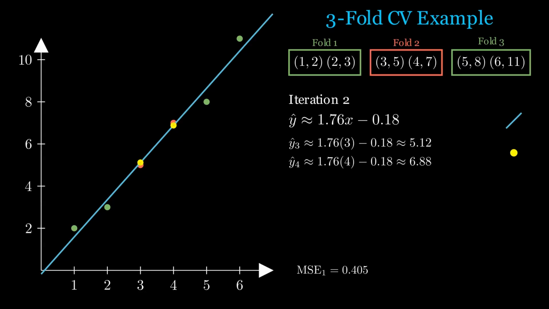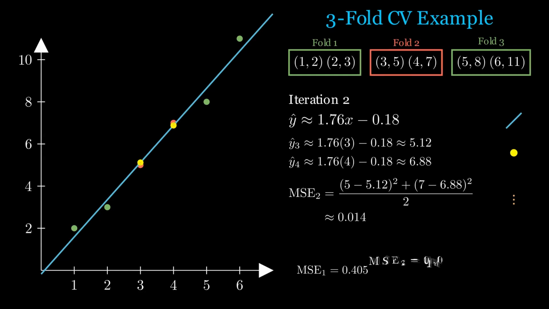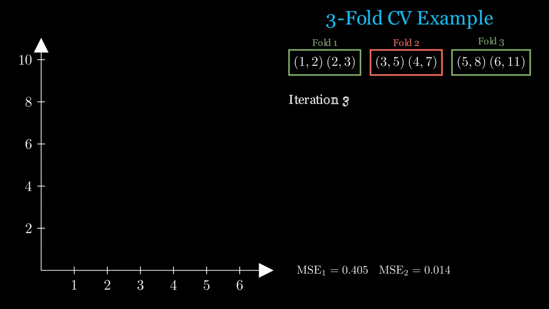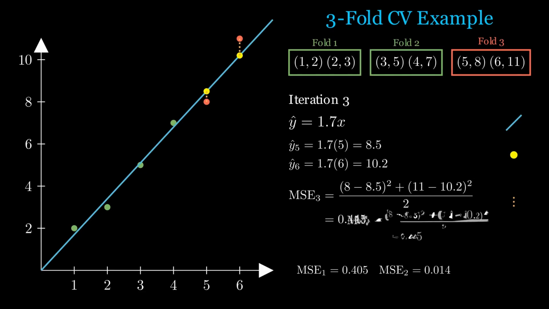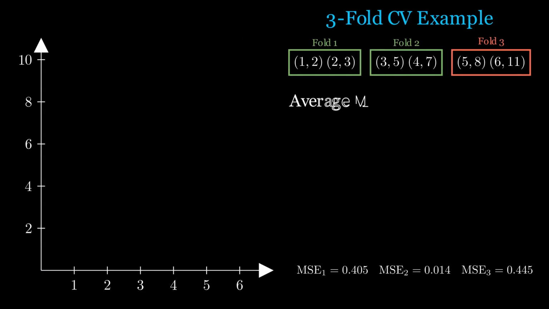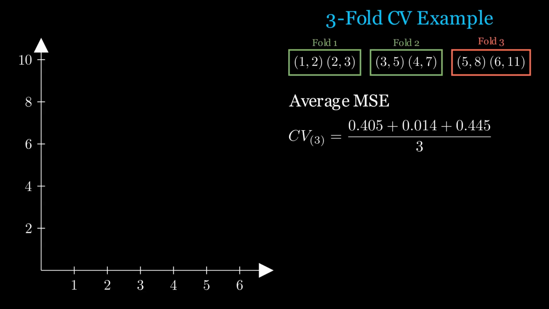We calculate the MSE, which comes out to be around 0.014. Iteration 3, validating on fold 3. We use our simple regression line to predict 8.5 and 10.2. This results in an MSE of 0.445. Finally, we average our 3 MSE values to get an estimated test error of 0.288.